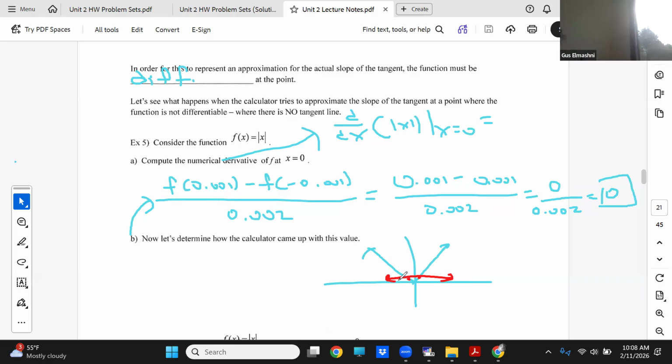That's the slope, but that's not true. What's happening is that we know from a theoretical perspective, it's supposed to be does not exist, right? It's wrong. This is not true because the left-hand derivative equals -1.